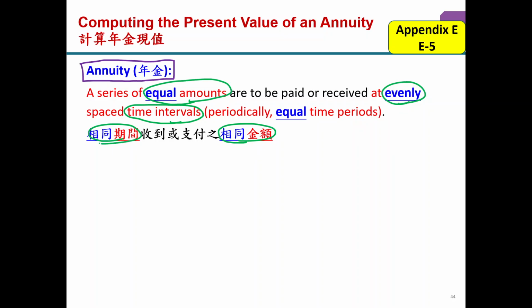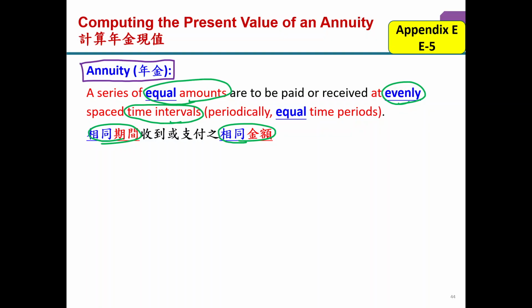Any data that meets this situation, we call it annuity: same amount occurred during same period. So what kind of case do we have?